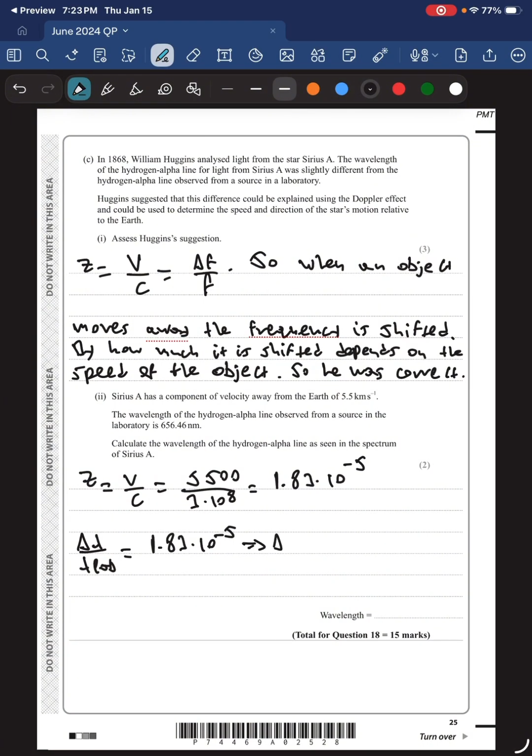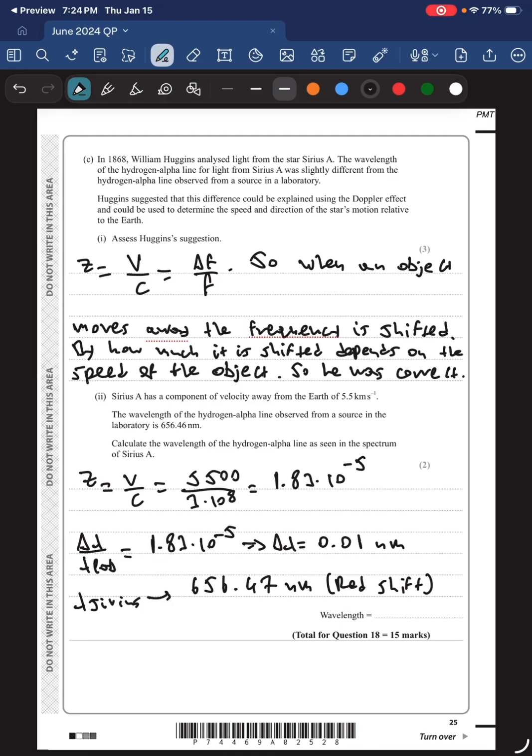So delta lambda is 0.01 nanometers, okay? So lambda in Sirius, okay, this is how it's written, will be 656.47 nanometers. Why? Because we have a redshift in this case, okay?